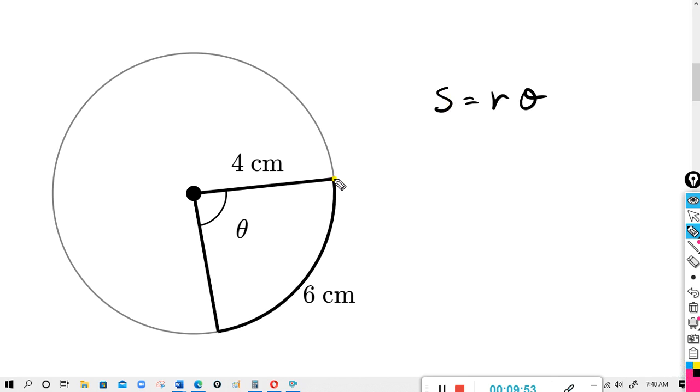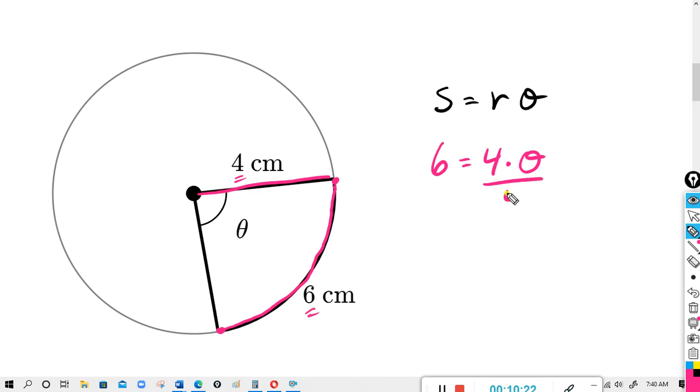So as you can see, if you travel from here to here along the curve, that length is 6. So in place of S, I'm going to plug in 6. And the radius R is this length right here. That's 4. And the angle theta is this angle in here. We don't know theta. So it's 4 times theta.